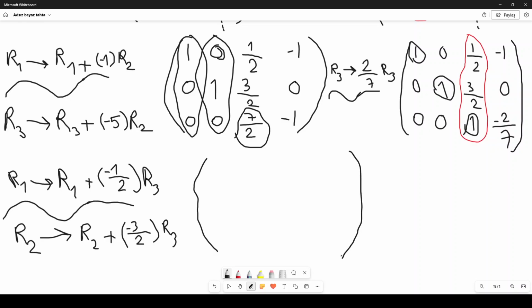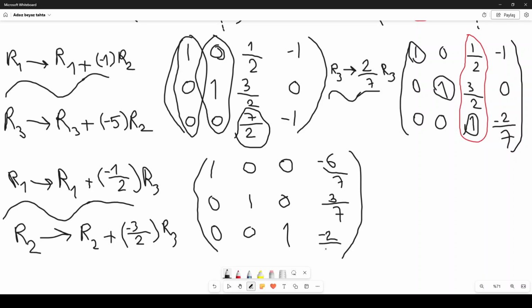Let's see what it becomes. Okay, so the last change here, then we obtain this 1 0 0, minus 6 over 7, alright, and second row is 0 1 0 and 3 over 7, and 0 0 1 and minus 2 over 7.